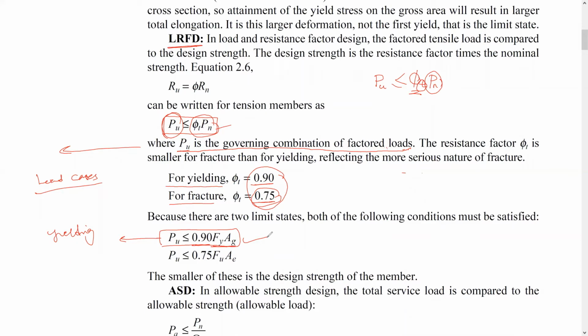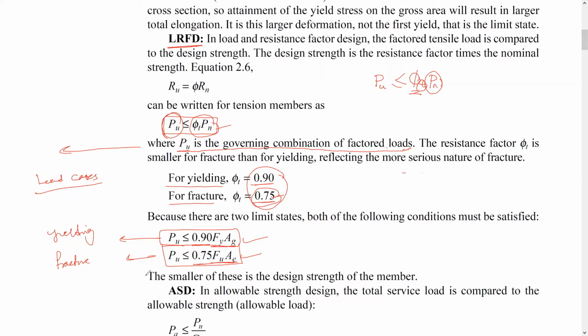Okay, for fracture, we mentioned that the nominal strength is the ultimate strength, which is Fu times the effective net area, and times phi, which is 0.75 in the case of fracture. So we can use this to check the fracture limit state. Okay, so this is in the case of the LRFD method. And right now, which one should we pick, the yielding or the fracture?